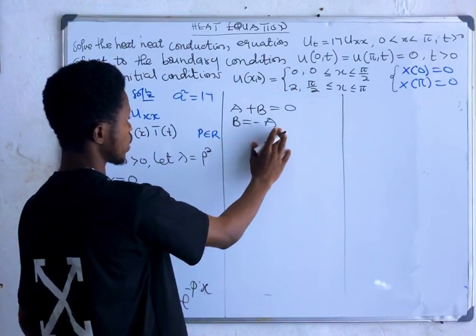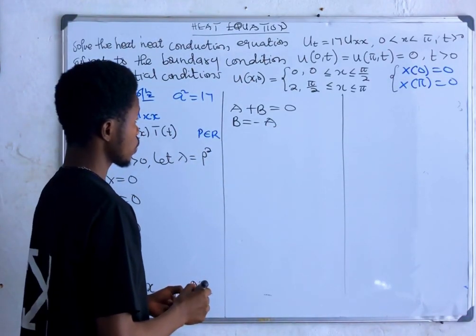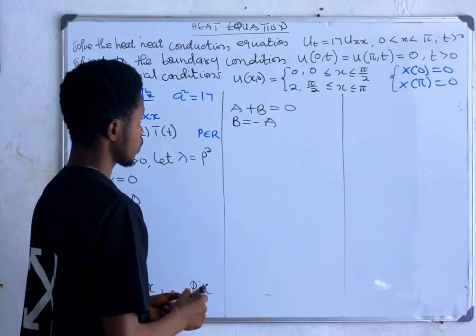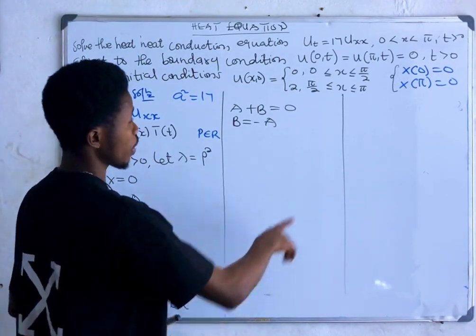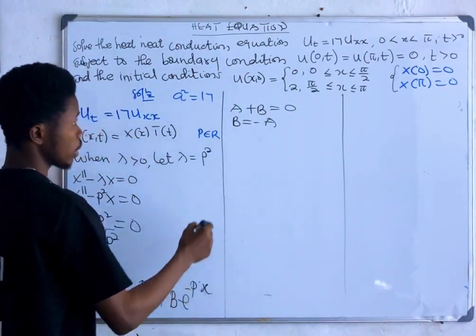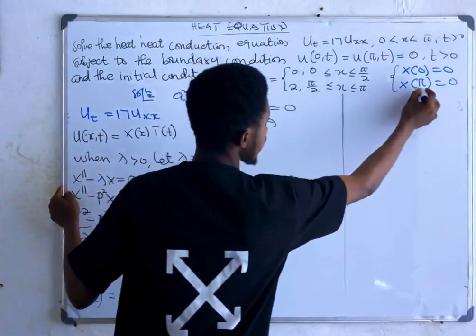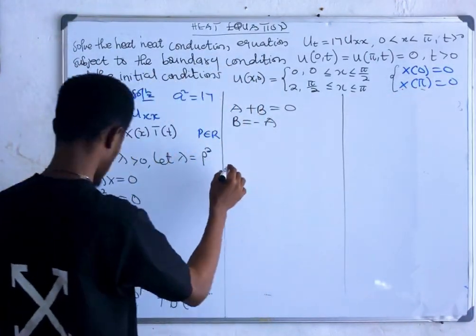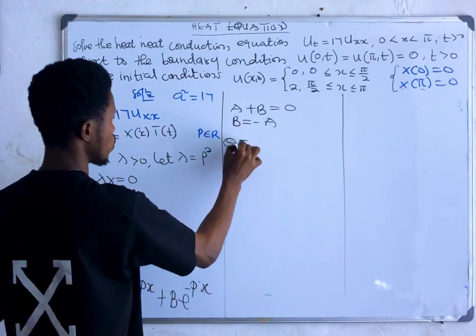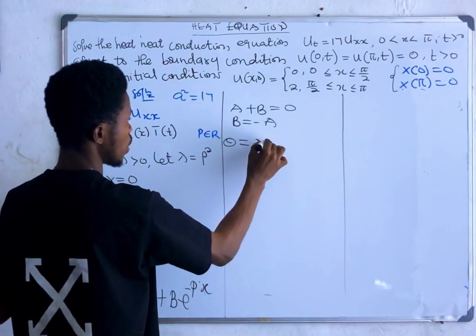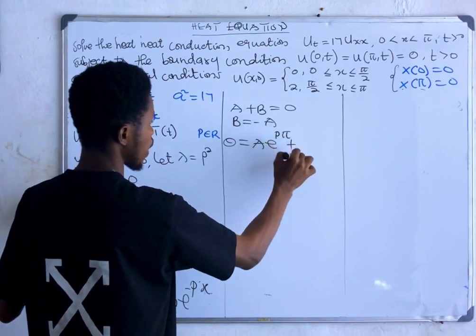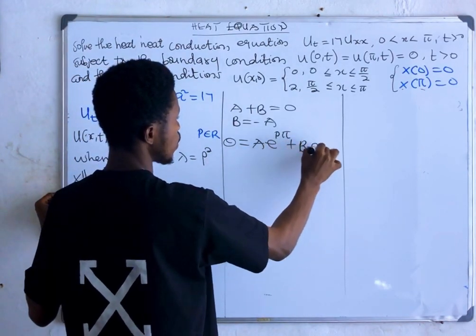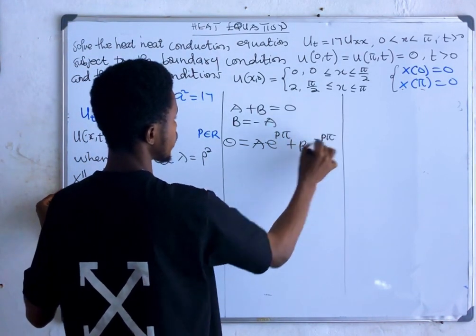Now, after getting this, let's come back here and do the other one. When small x is pi and capital X is 0, we are going to have 0 equals a e to the power p pi plus b e to the power negative p pi.